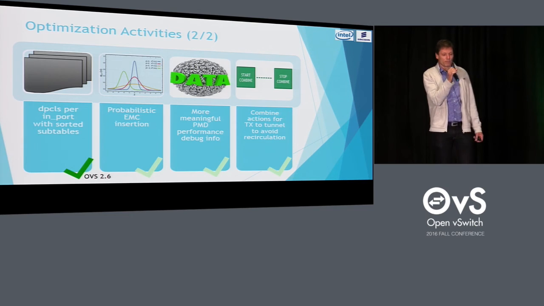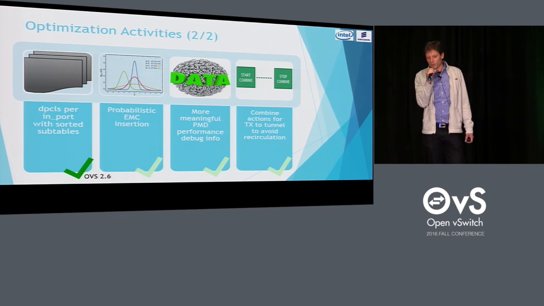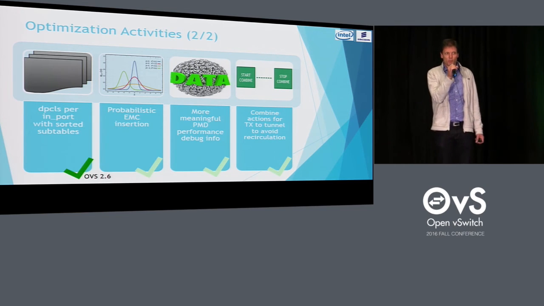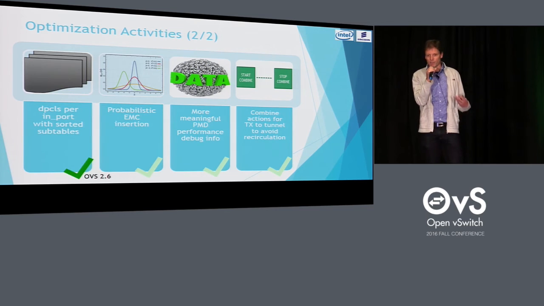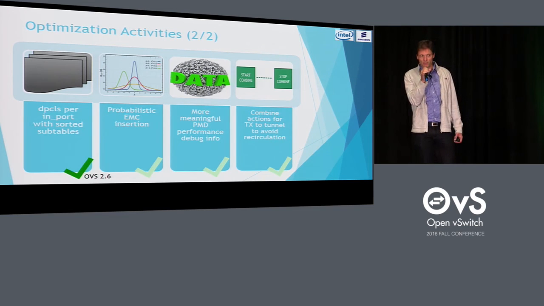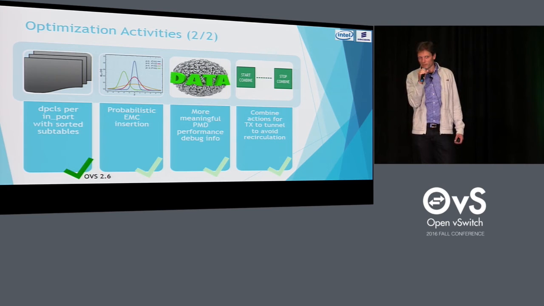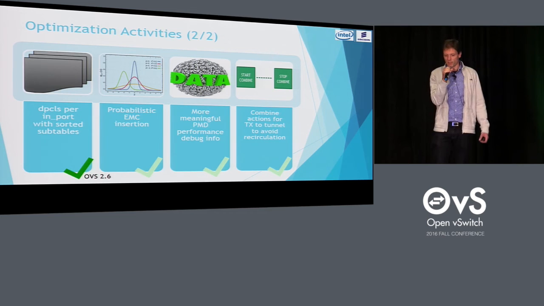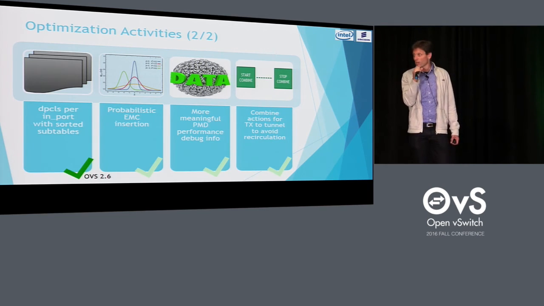And the patch that we have implemented, and that is almost ready for posting to the mailing list for upstreaming, addresses this problem by doing a probabilistic insertion. So we don't unconditionally, every time we do a megaflow lookup, insert the packet flow into the EMC, but we do it only randomly, 1 out of 100, which cuts down the overhead of EMC insertion, which is the expensive part, by a factor of 100, so it doesn't do any harm anymore.